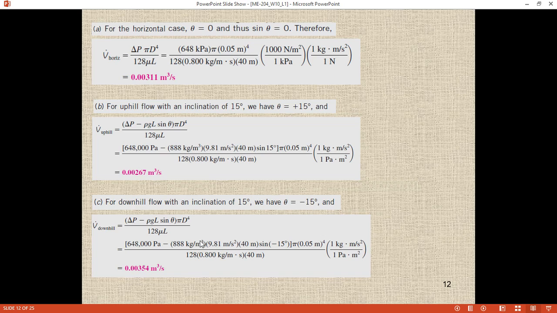So just calculate the same way that we have calculated, because all the parameters are known. So we have converted into volume flow rate, which is 0.00354.